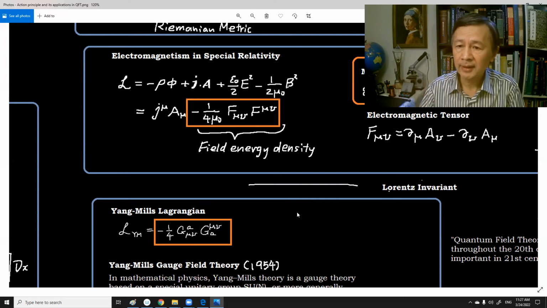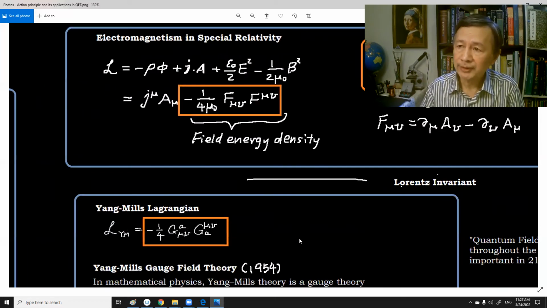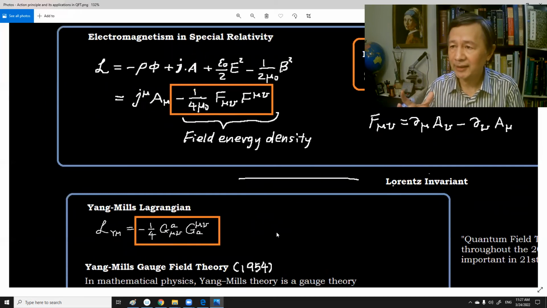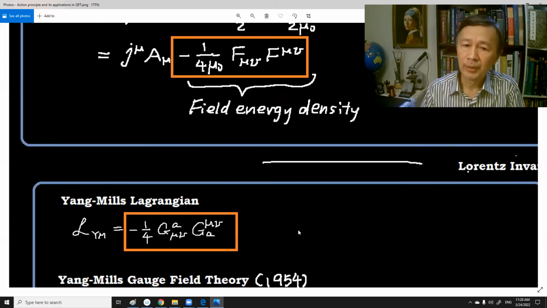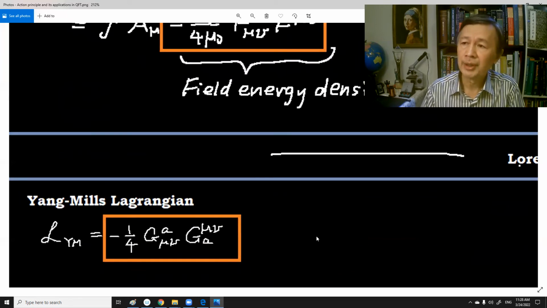In doing so, they introduced a different idea of symmetry or groups. When they introduce the general groups, which are more general than the group used to describe the electromagnetic field, then we can build what we call the Yang-Mills Lagrangian.